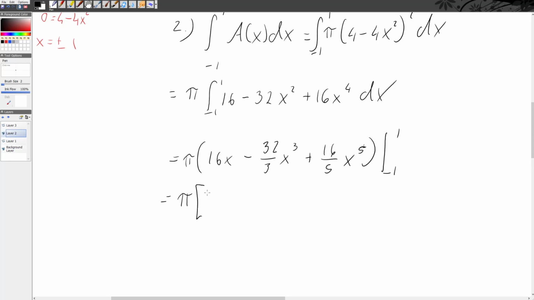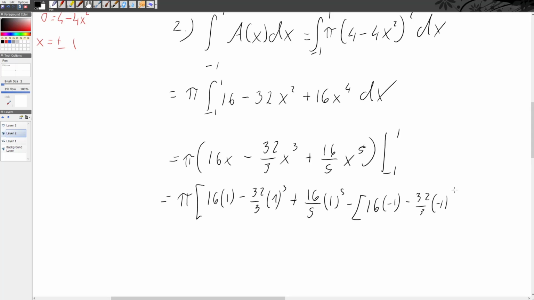So then we can just plug everything in. 16 minus 32 over 3 times 1 plus 1 over 5 times 1 to the 5th, technically to the 3rd and to the 5th, minus what happens when you plug in negative 1: 16 times -1 minus 32 over 3 times -1 to the 3rd plus 1 over 5 times -1 to the 5th. And then now it really is a calculator problem.